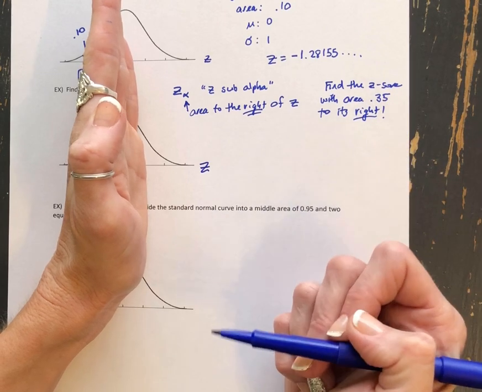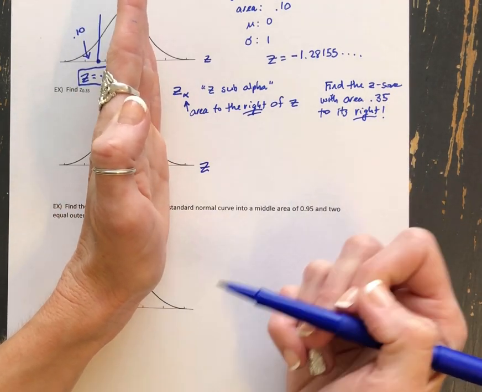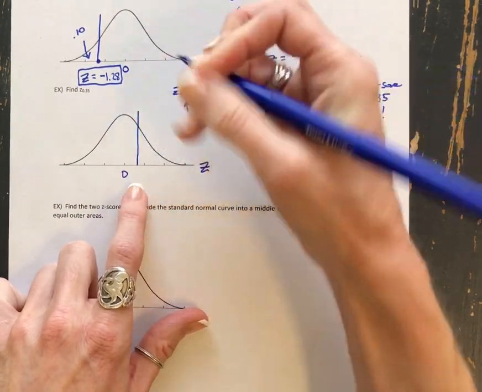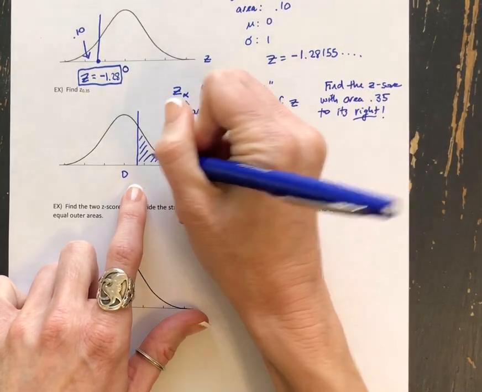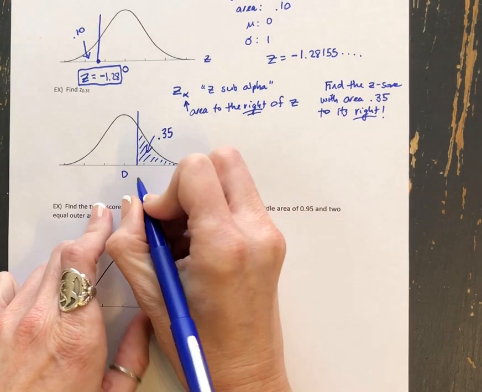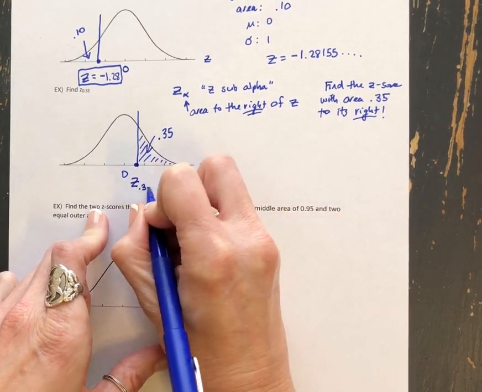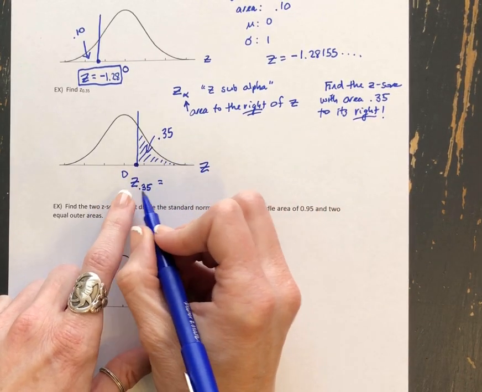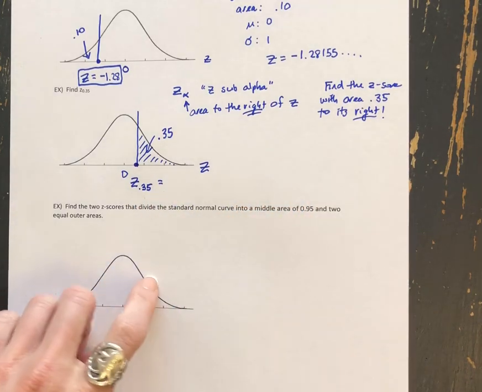I only want 35%, so I have to scoot over a little bit, somewhere over here, where I want the area to the right of that z-score to be 0.35. So we're writing that as z sub 0.35 equals, okay?